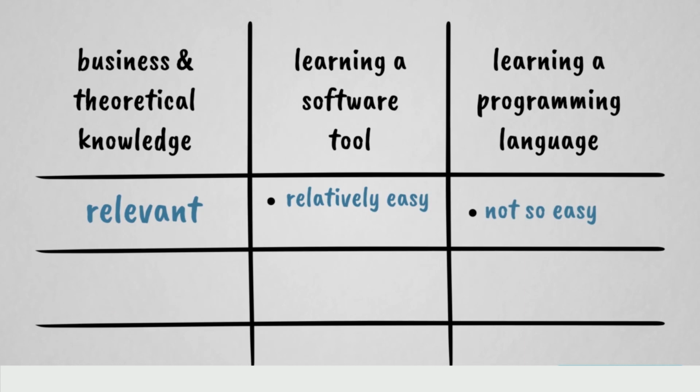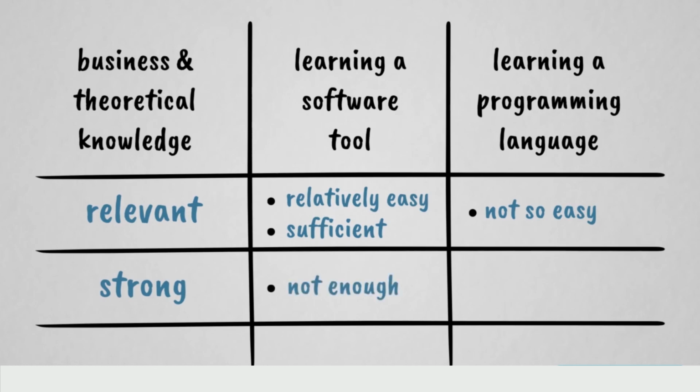More importantly, it will be sufficient for your need to create quick and accurate analyses. However, if your theoretical preparation is strong enough, you will find yourself restricted by software. Knowing a programming language, such as R and Python, gives you the freedom to create specific ad hoc tools for each project you are working on.